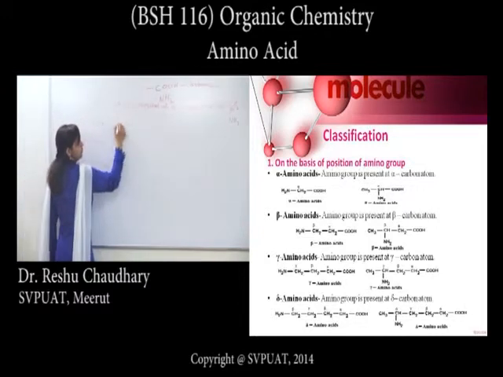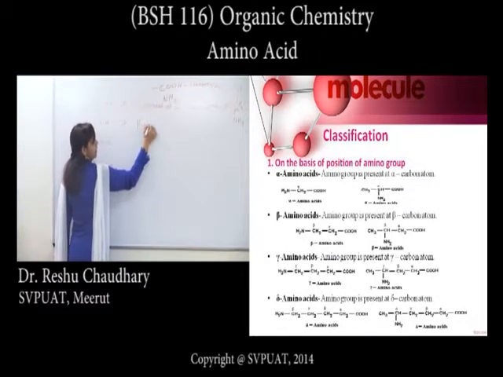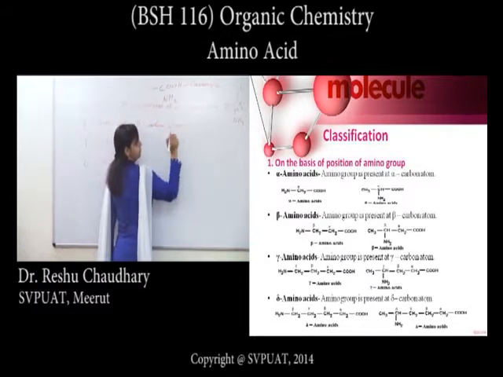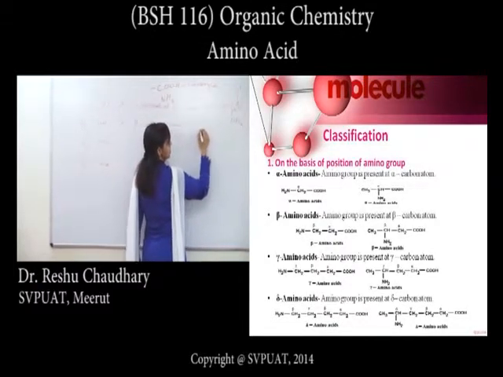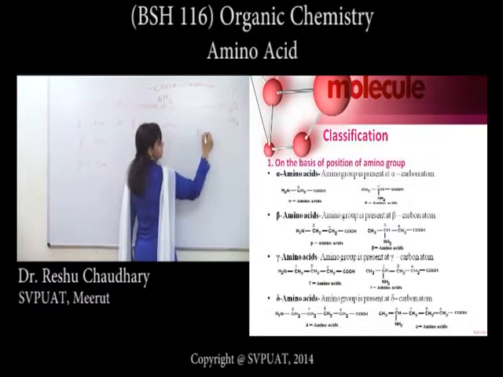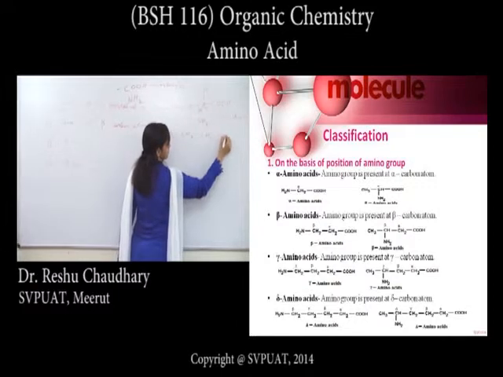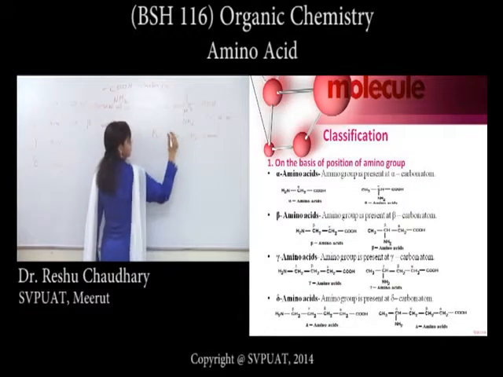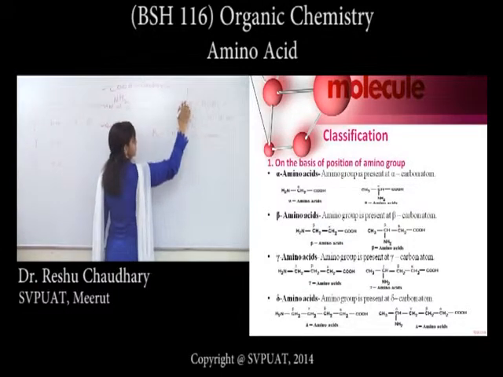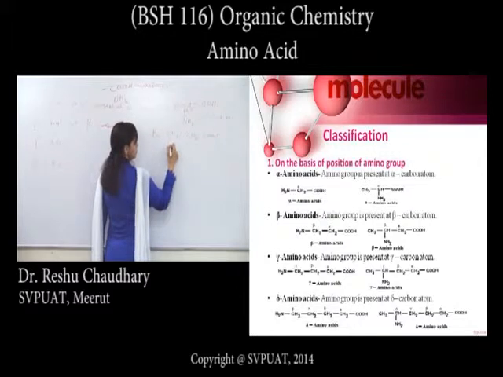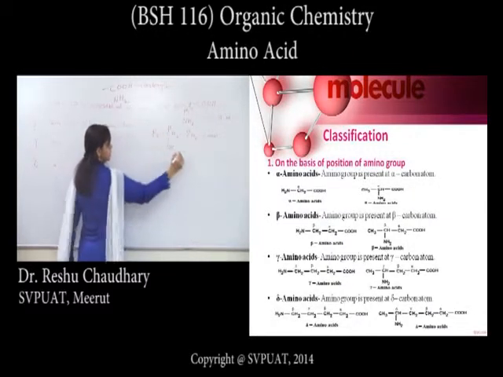Now when the NH2 group is present at the beta carbon atom, these are known as beta amino acids. This is alpha and this is beta.